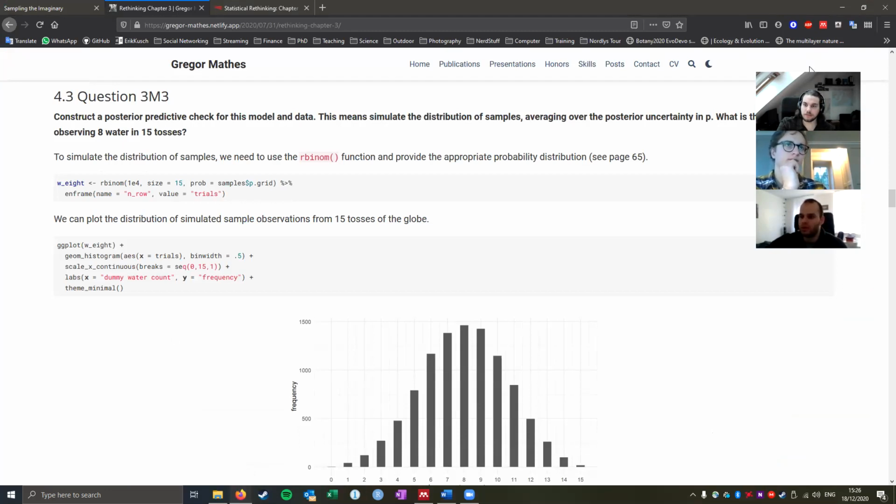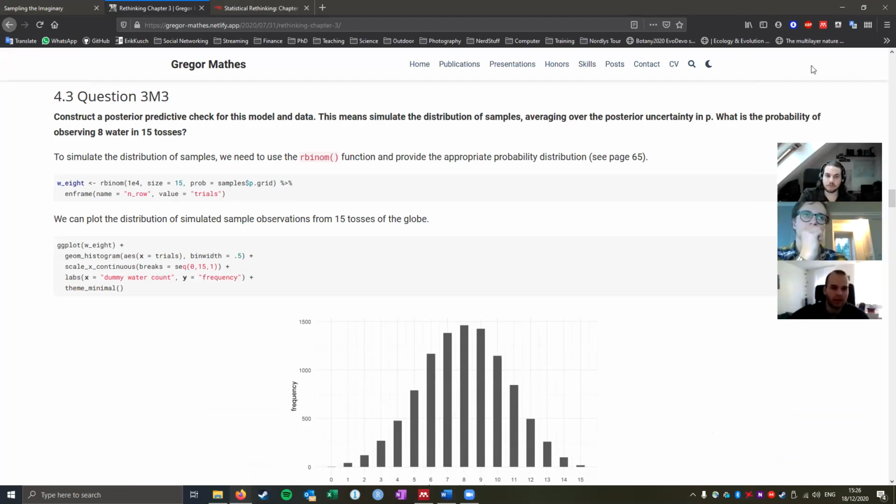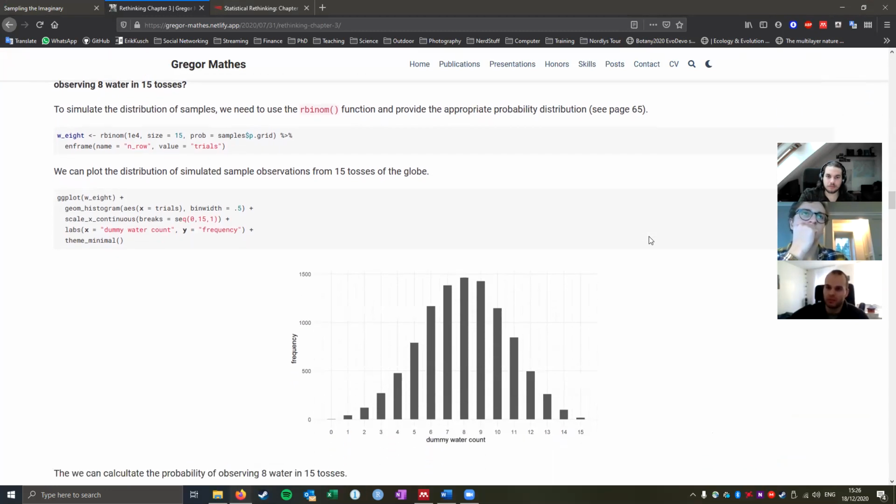So for this we use the rbinom function to get real values, randomly sampled values from the binomial distribution. Previously we were using the dbinom function, which returns a distribution, but rbinom just returns randomly sampled values from a distribution. So this is sampling.